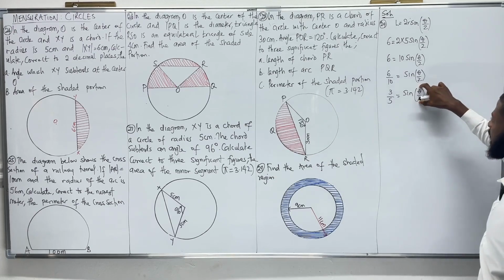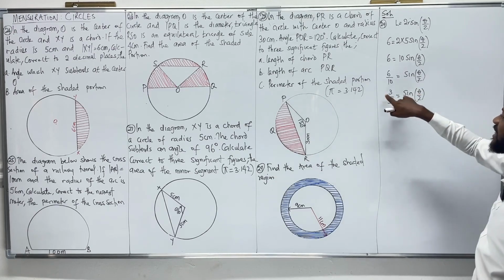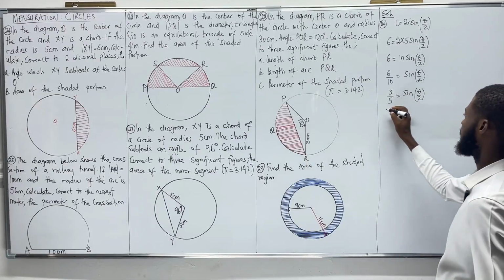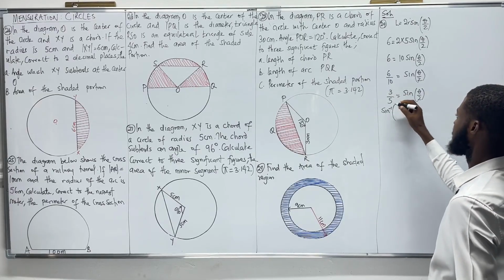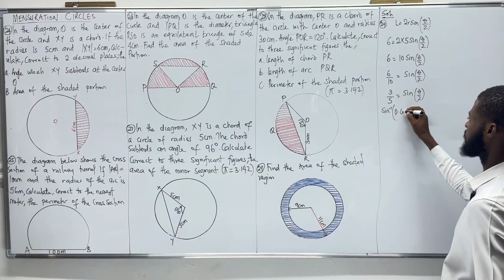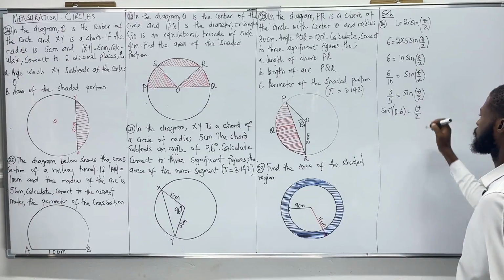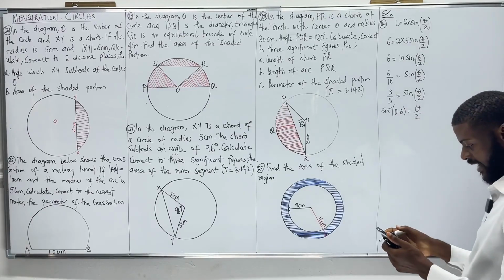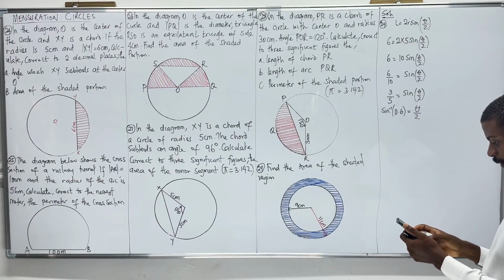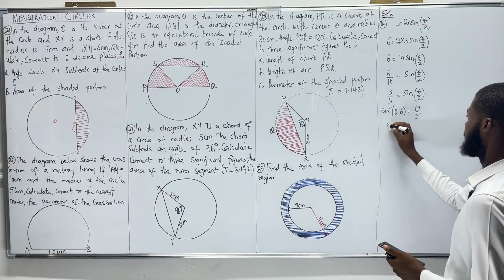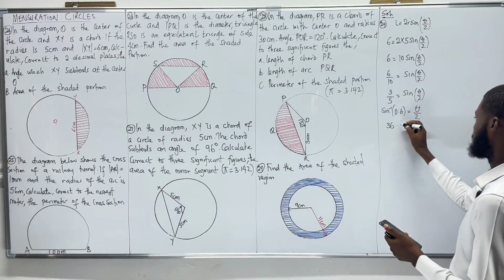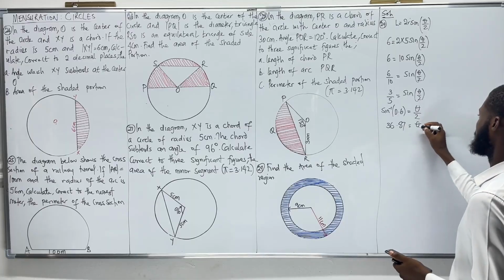Now, to get this angle theta over 2, you need to take the sine inverse of this side. If you put 3 over 5 in the calculator, you get 0.6. So the sine inverse of 0.6 will equal theta over 2. That will give us 36.87 equals theta over 2.